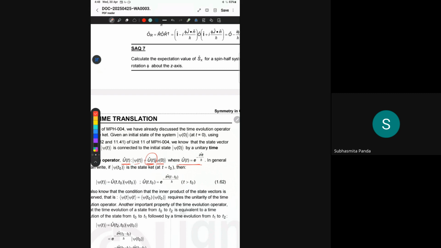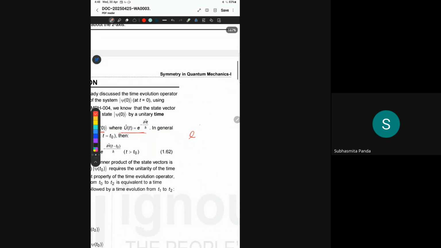e to the power minus i H t by h cross. You must have read it. Let me write a little: e to the power minus i omega t, which is equal to e to the power minus i h cross omega t by h cross, which is basically e to the power minus i E t by h cross.